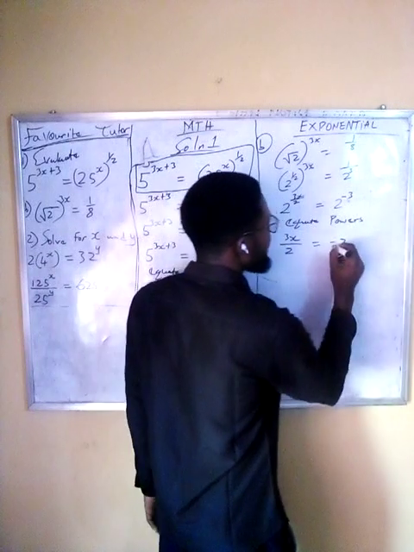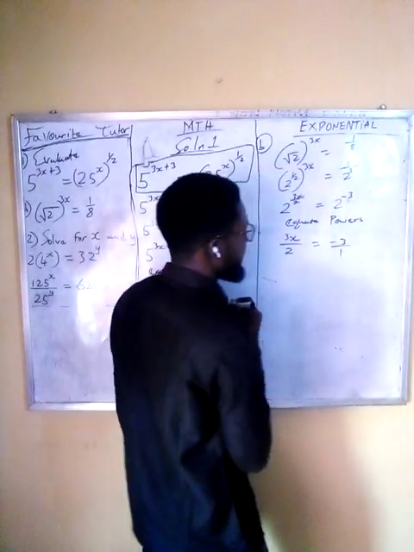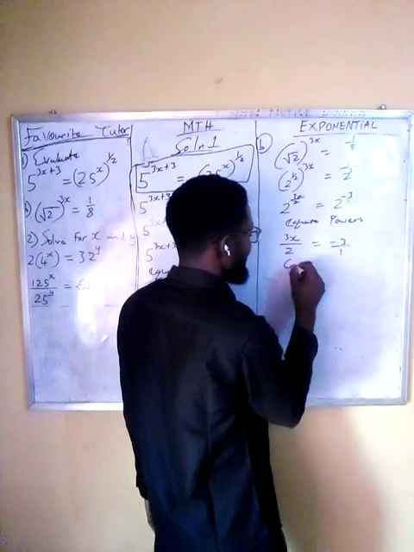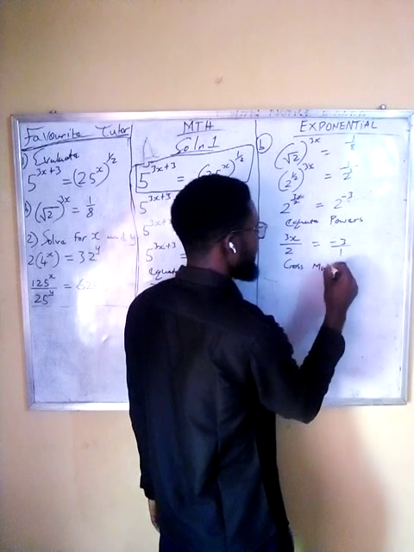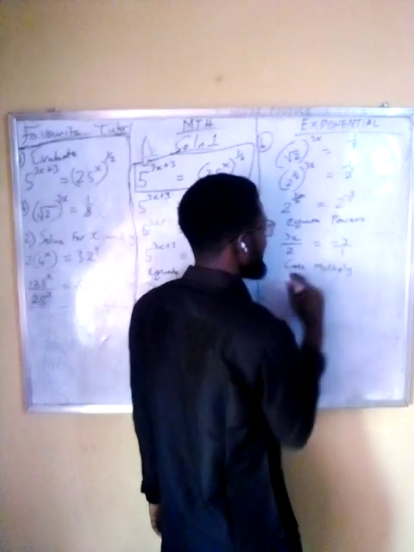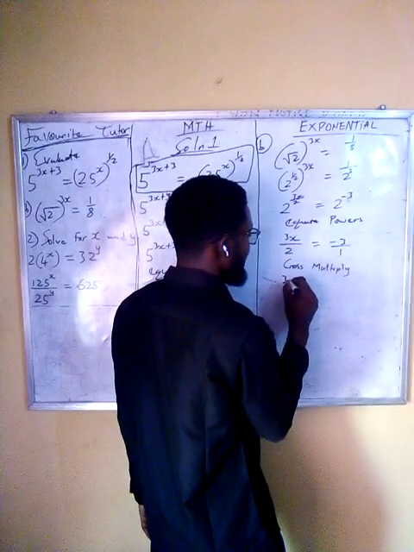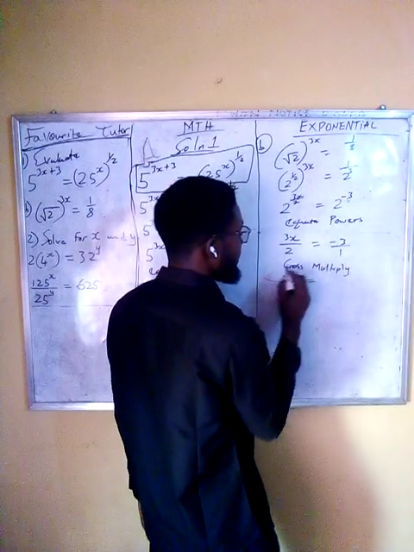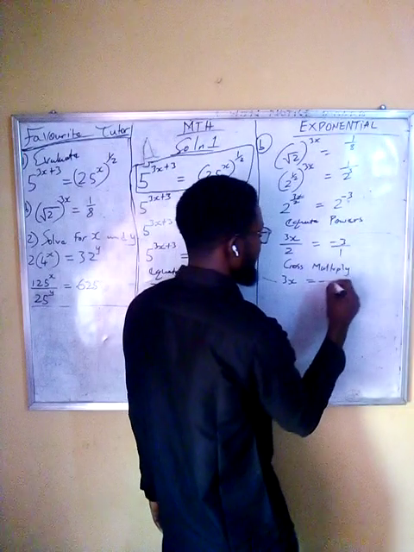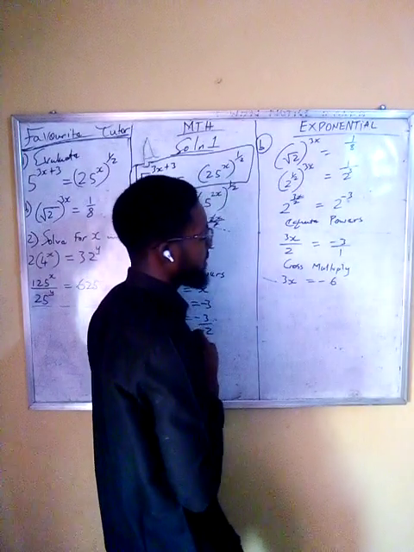Minus 3 over 1. Then we cross multiply. When we cross multiply, 3x times 1 is 3x, equals to 2 times minus 3, which is minus 6.